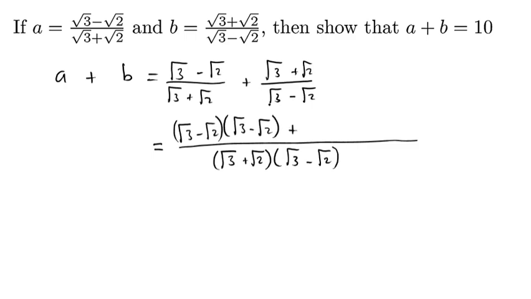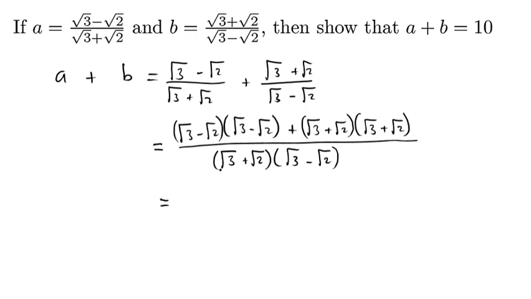If this denominator goes into the common denominator, we'll get root 3 plus root 2. It multiplies that, so we'll get root 3 plus root 2 multiplied by the same thing, which is root 3 plus root 2.